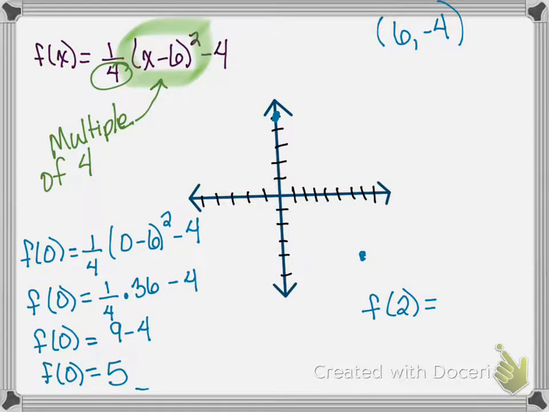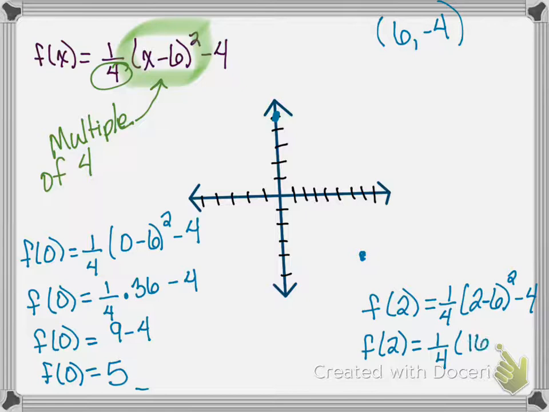So I've got 1/4 times (2 minus 6) squared minus 4. What's 2 minus 6? Negative 4. What's negative 4 squared? 16. What is 1/4 of 16?